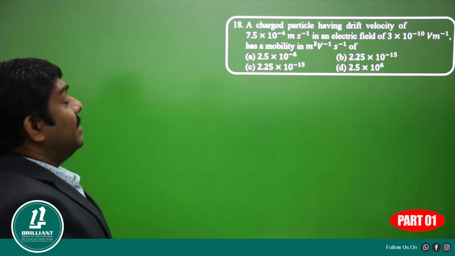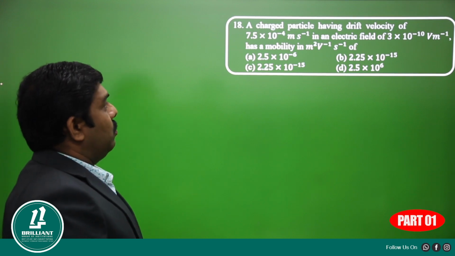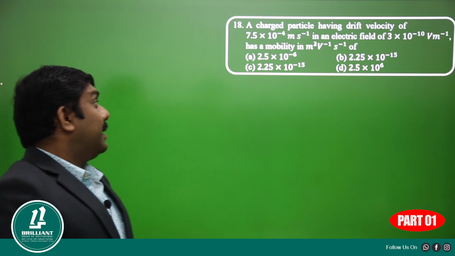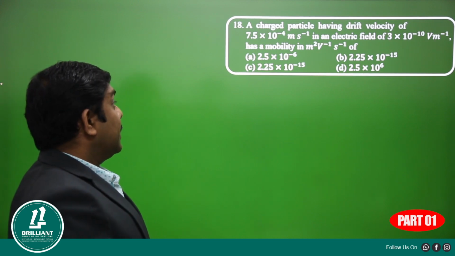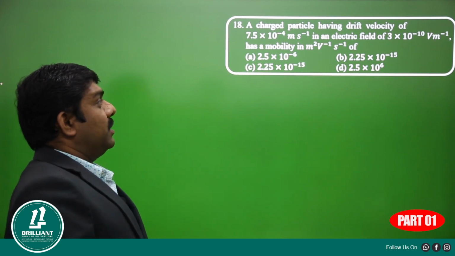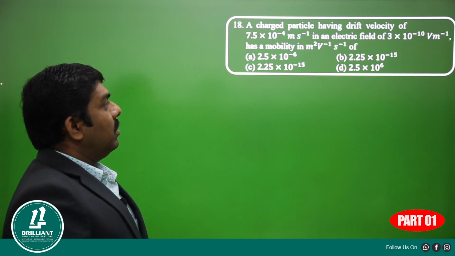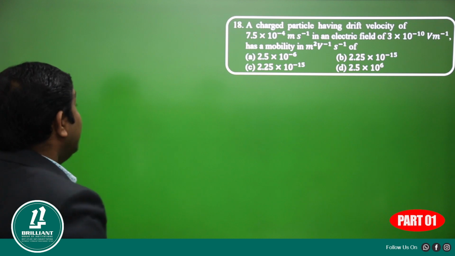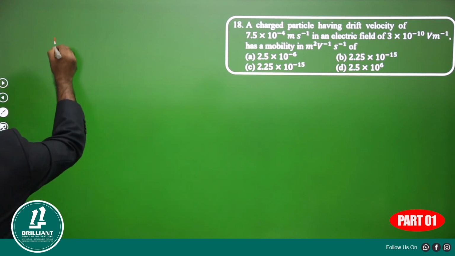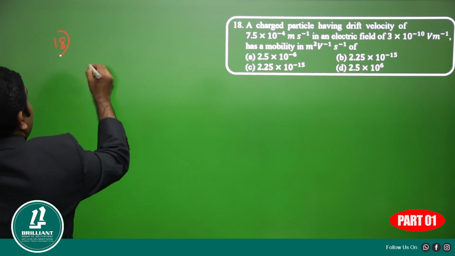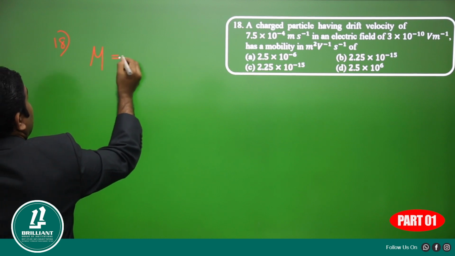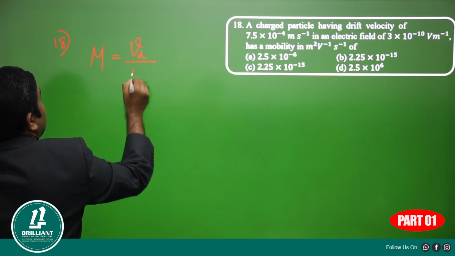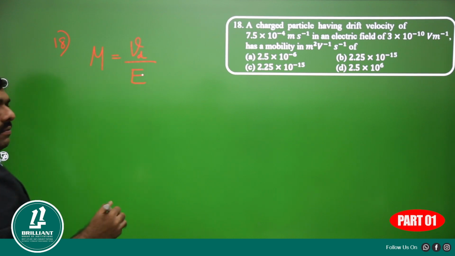A charged particle having a drift velocity of 7.5 into 10 raised to minus 4 meter second inverse, in an electric field of 3 into 10 raised to minus 10 volt meter inverse, has a mobility. What is the mobility equation? Mobility mu is equal to the ratio of drift velocity divided by electric field.